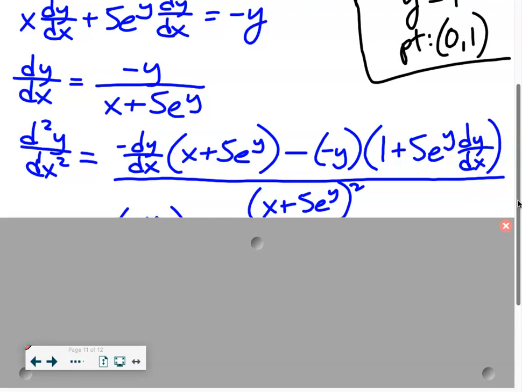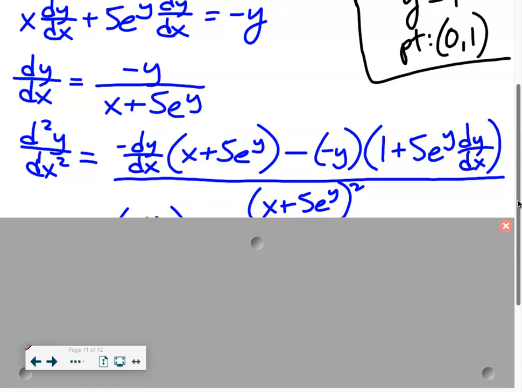So the derivative of negative y is negative dy dx times the bottom, minus the top times the derivative of the bottom. The derivative of x is 1. The derivative of 5e to the y is 5e to the y times dy dx. All over the bottom squared. Follow your quotient rule.